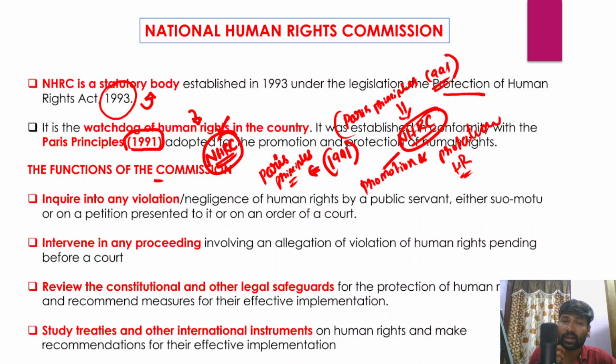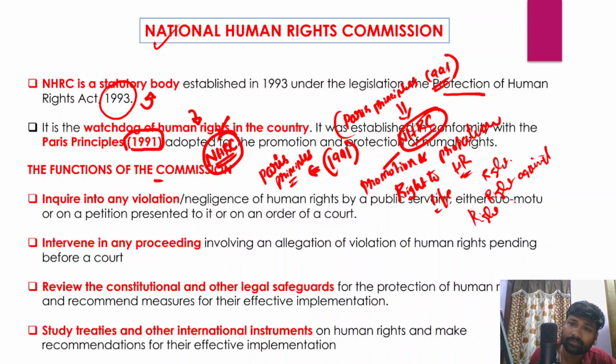So keeping this in mind, the National Human Rights Commission has been established to protect the human rights of people. What are the human rights? For example, the right to life and personal liberty. Right to life is considered a human right, and right to education is considered a human right, and the right against child labor, right against exploitation, and right against violence are considered human rights.